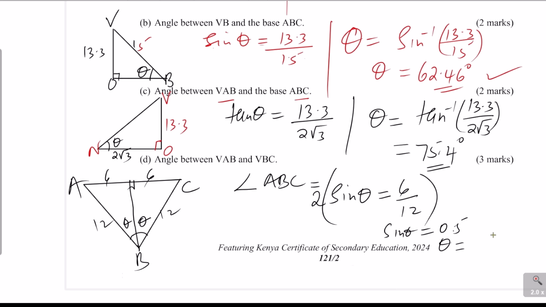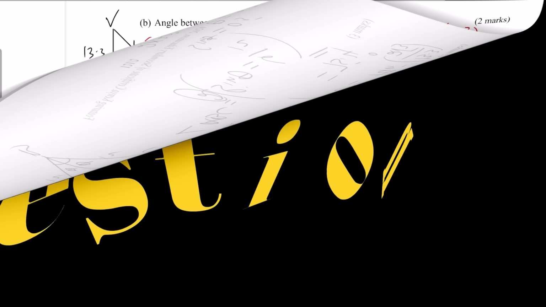This will give 30 degrees, and you have to multiply by 2. So 2 times 30 degrees will give 60. You already knew that it is 60 because it is an equilateral triangle, but for you to get these 3 marks, you don't just need to write the answer there. You need to show the workings. So that is how you are supposed to solve that question.